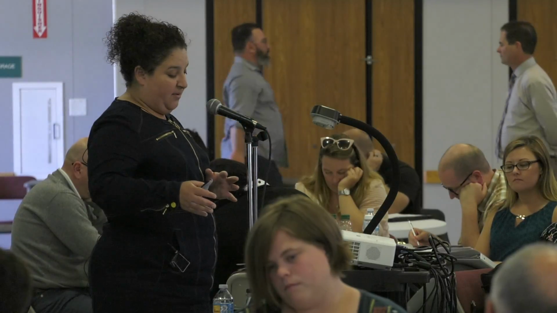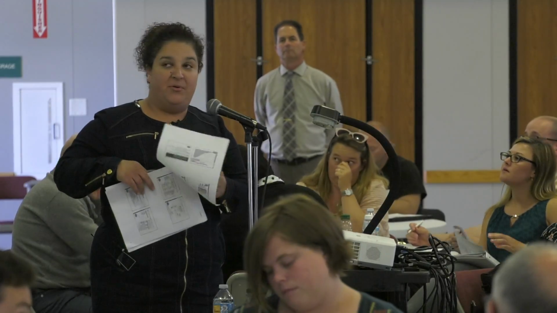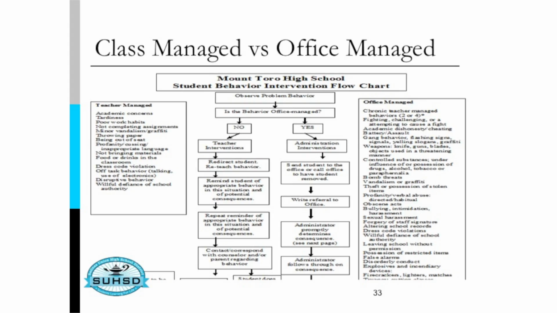Like I said, they're going to look a little bit different at every site, but the idea is that within the classroom there's some intervention happening with the teacher to deal with minor incidences, and then there are office managed behaviors. This is an example, I think it was Mount Toro's, of what they called class managed versus office managed.